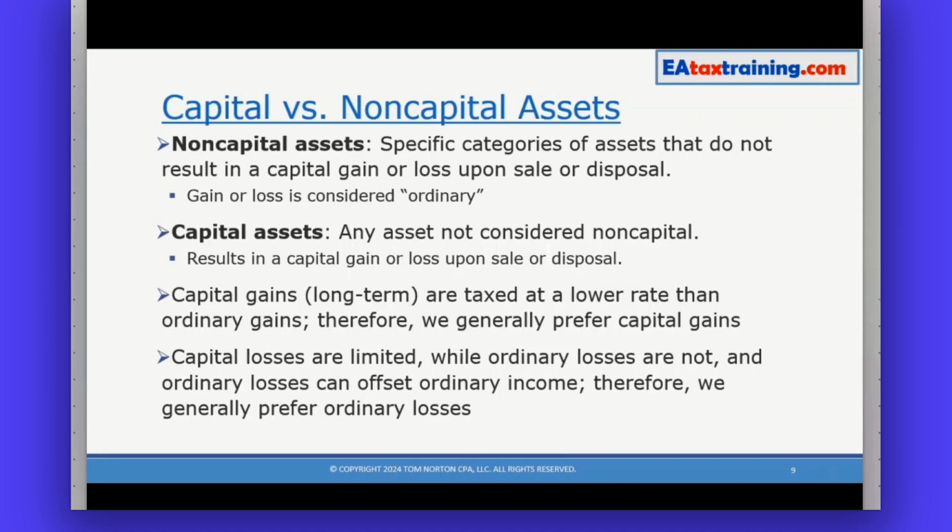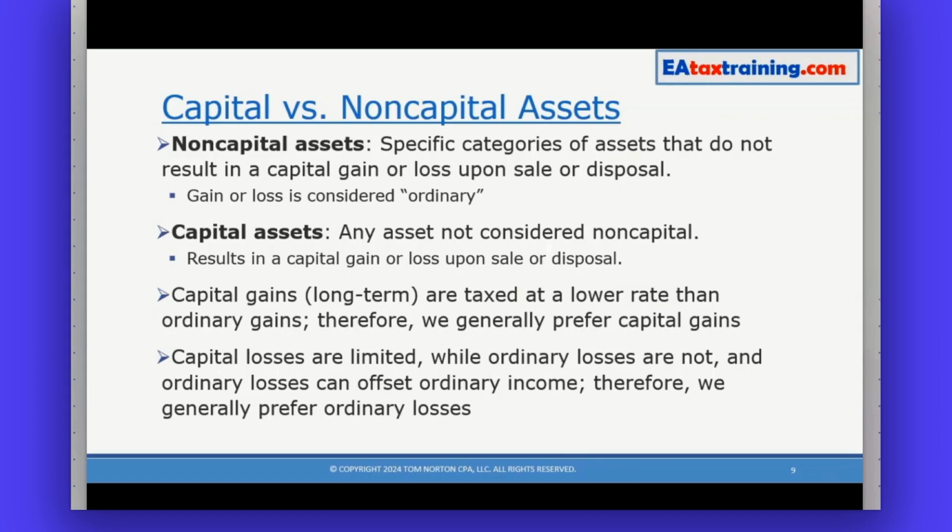So first, non-capital assets. There are specific categories of assets that are listed by the IRS that do not result in a capital gain or loss upon their sale or disposal. Instead, that gain or loss is considered to be an ordinary gain or loss.